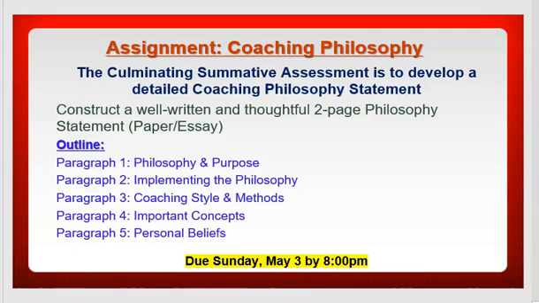Number 4, what are some important concepts to you? Is it sportsmanship, ethics, integrity, community relationships? And number 5, what are your personal values or beliefs? That's a sample outline for this paper. It's due Sunday, May 3rd by 8 p.m.